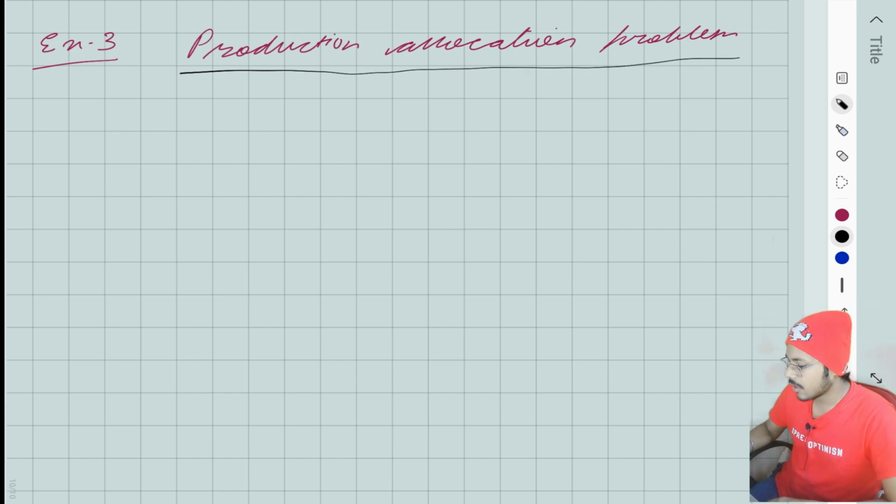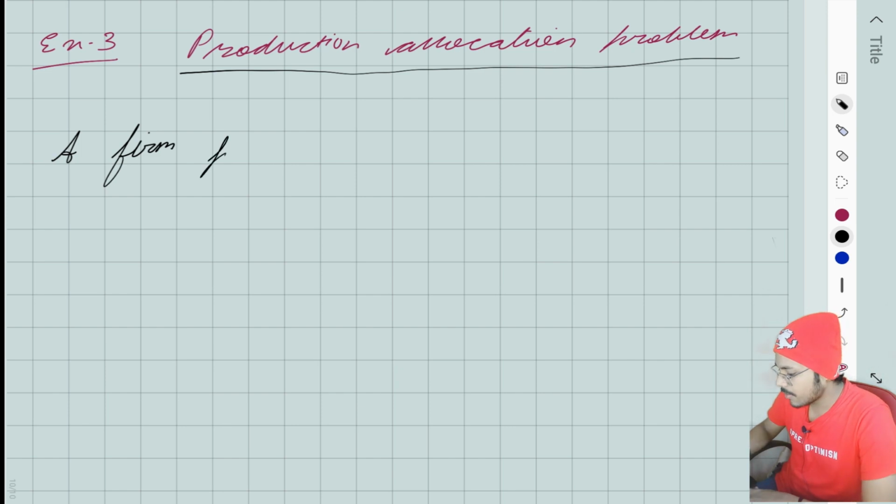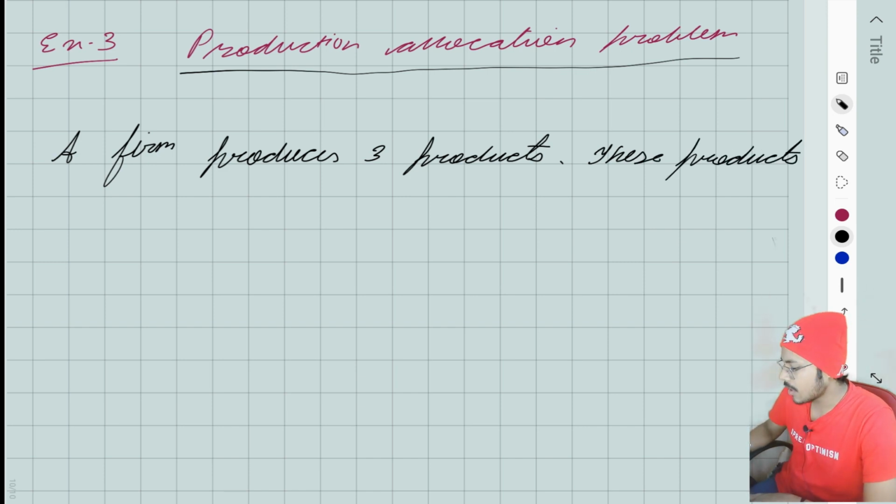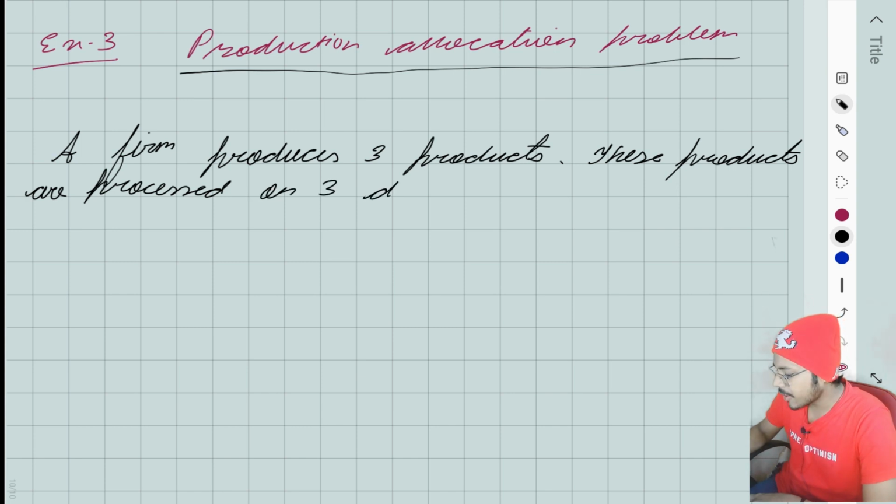Okay, so a firm produces 3 products. These products are processed on 3 different machines.